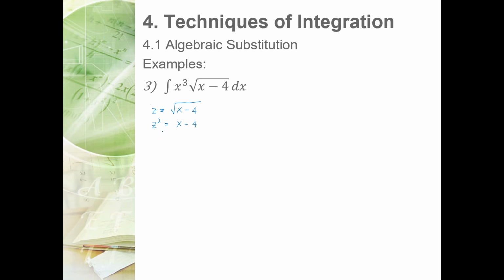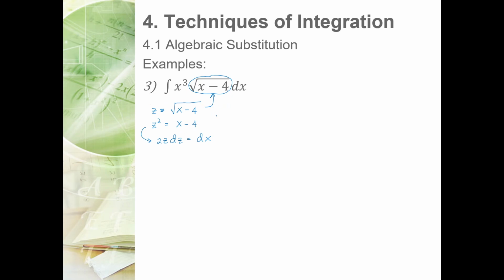Okay, so if we try to get the derivative, we have 2z dz is equal to dx. All right. So if we try to represent every term here, this term here is represented by the z variable.